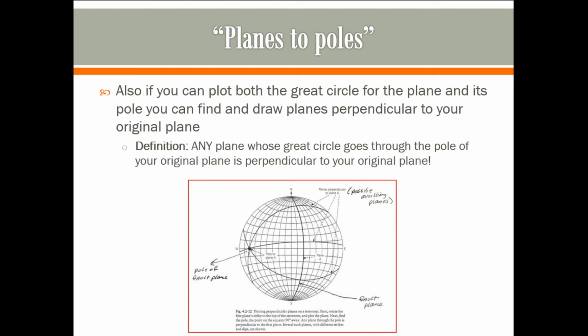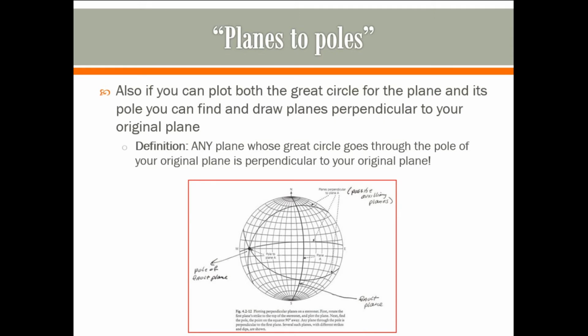No matter which way I turn this, as long as it's perpendicular, it's containing that pole. So if we have a great circle, this one going from north to south right here, and its pole is over here on the left, any other great circle curve that goes through that point, i.e. contains it, is perpendicular to your first plane.